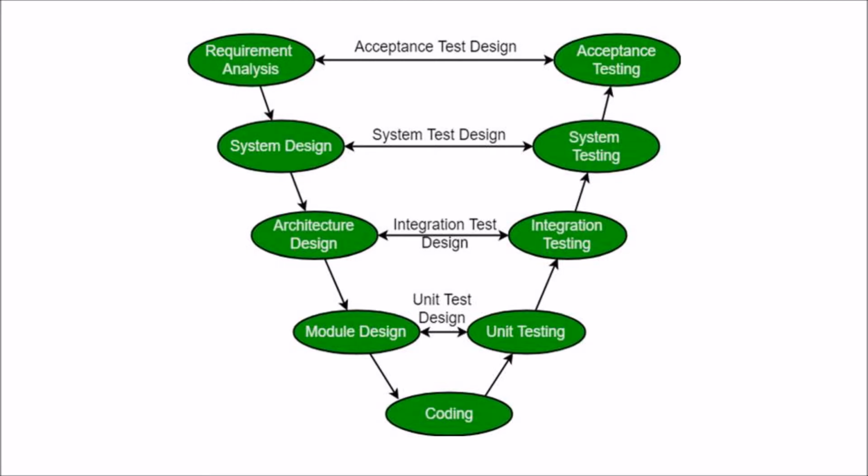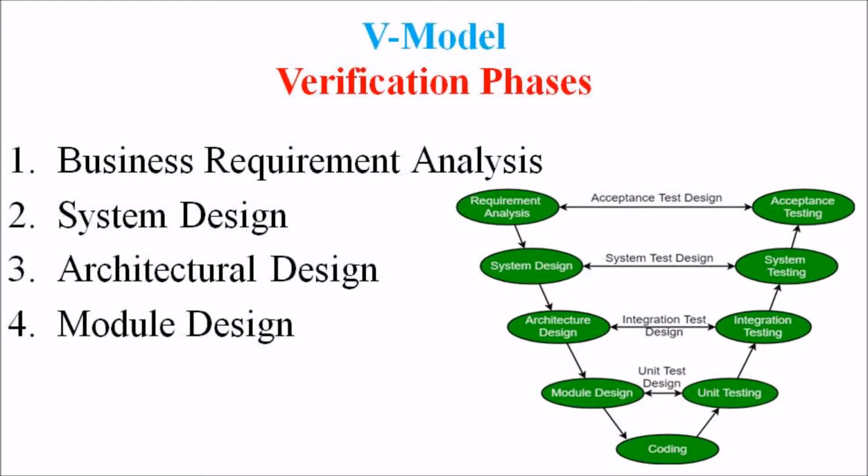So as we discussed, in the V model one side of the V is the verification phase and the other side of the V is the validation phase, and both these sides are joined by the coding phase. In the verification phase, the phases are requirement analysis, system design, architecture design and module design.